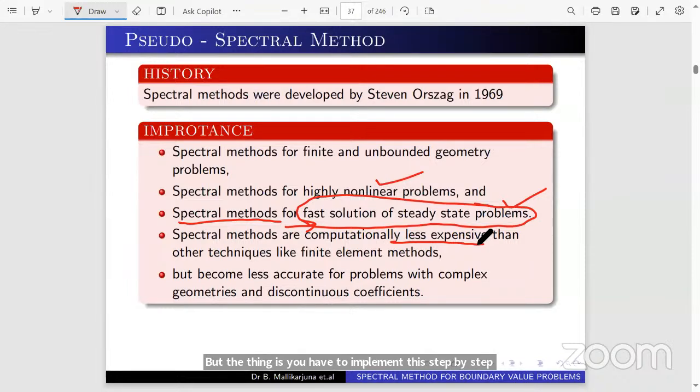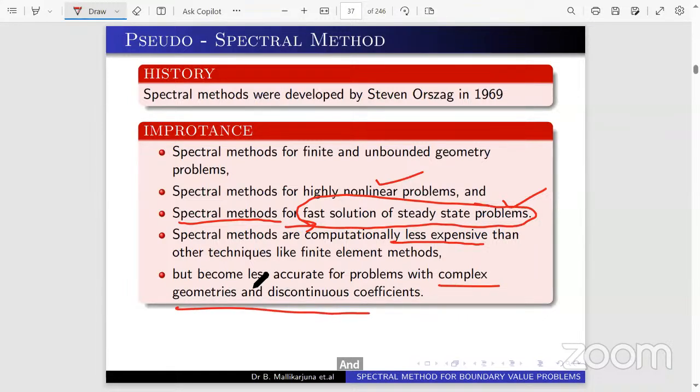And for complex geometries, there is no guarantee of getting accuracy, and for discontinuous coefficients. So this is a disadvantage.